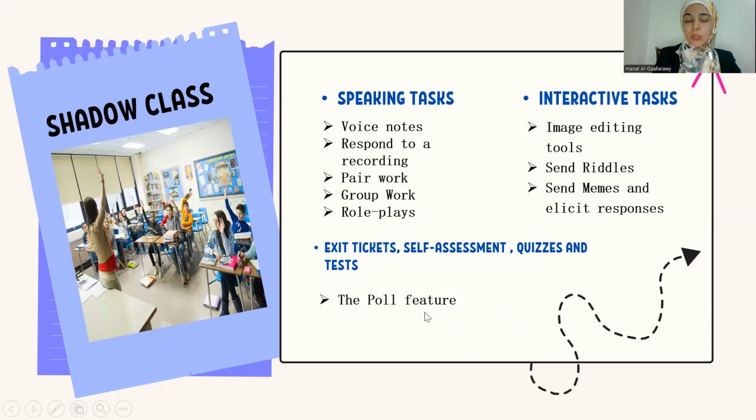You can select poll, and then you can make use of that feature in order to create an exit ticket. And the exit ticket, as you know, is a question to be posed at the end of the class in order to measure students' understanding of the content or the areas they need to work on and improve.